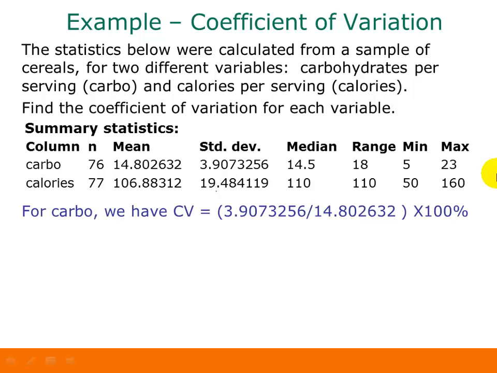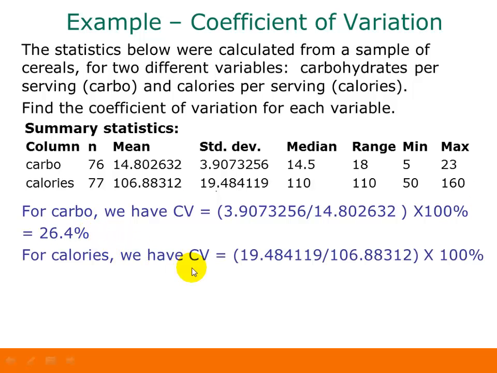So our coefficient of variation for carbo is our standard deviation divided by our mean times 100%, which gives us 26.4%. For calories, we have our standard deviation 19.48 divided by our mean times 100%, and that gives us a result of 18.2%.